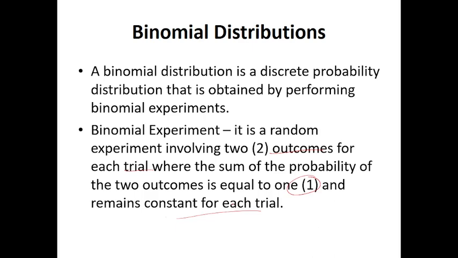It is a random experiment involving two outcomes for each trial, and the sum of the probability of the two outcomes is equal to 1. Upon repeating the experiment, the probability remains constant for each outcome. That is the characteristic of a binomial experiment.